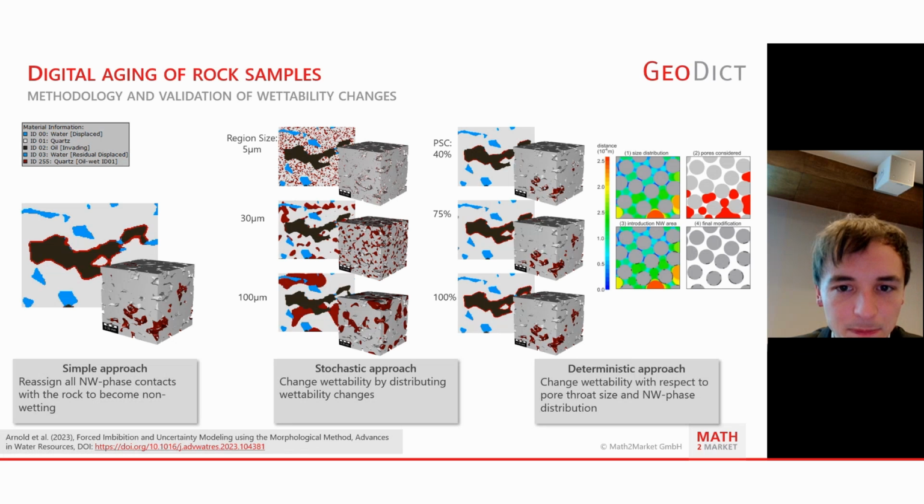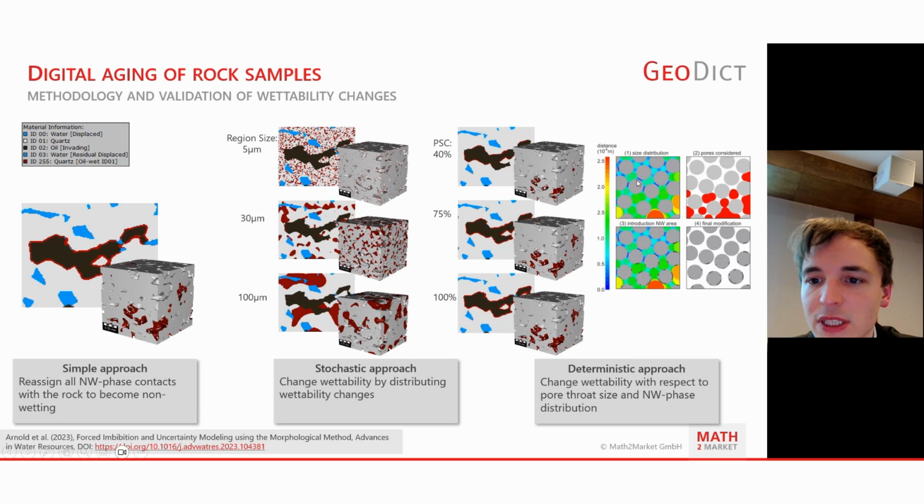So in simpler words, you have a parameter called pore space considered, and based on that parameter, you can change the wettability of the larger pores within the pore structure. As you can see here, we have oil that invaded the structure, and only in 40% of the larger pores do we consider the surfaces of the grains to become oil wet after our drainage.